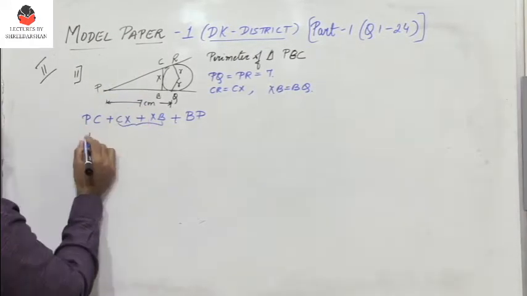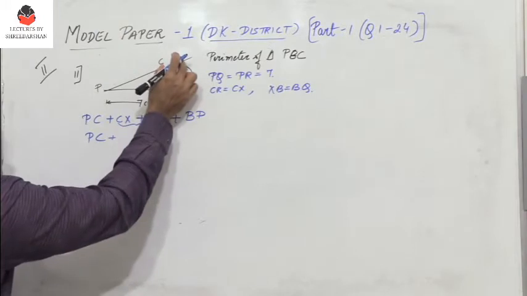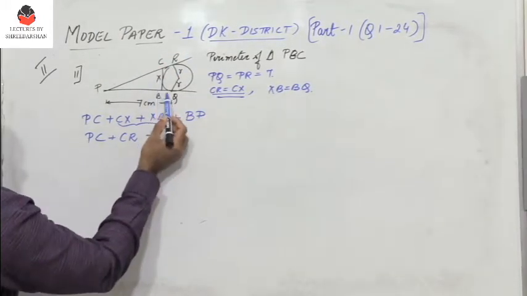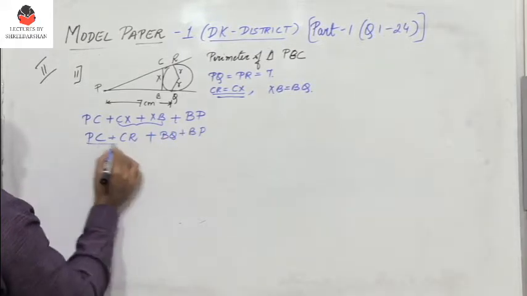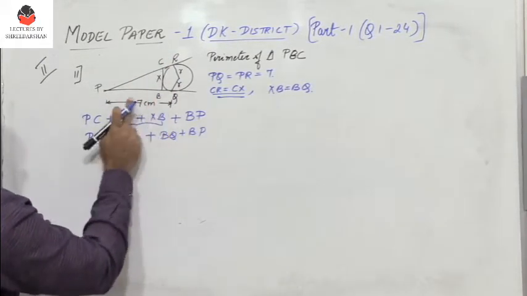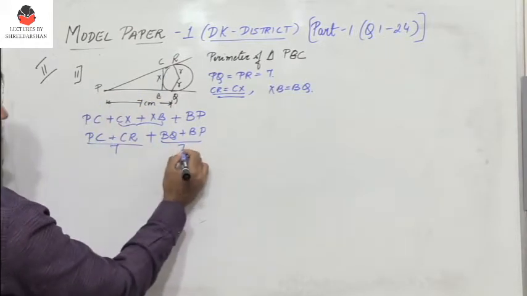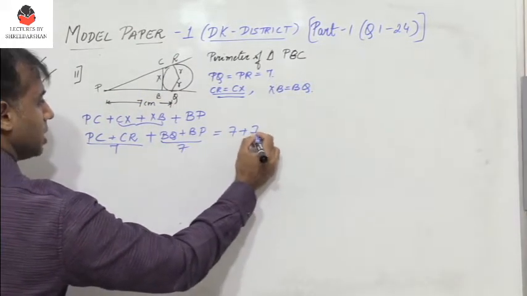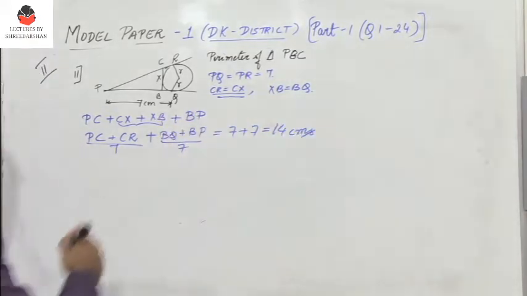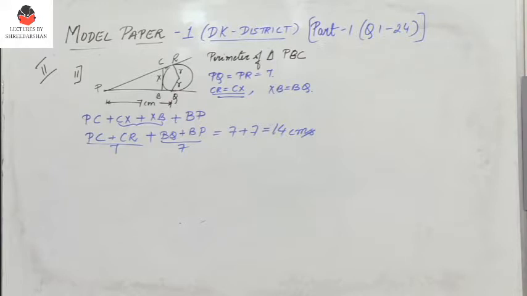So I have PC plus CX can be written as CR, and then XB can be written as BQ. So we know that PC plus CR is 7, BQ plus BP is also equal to 7. So I have 7 plus 7 equals 14 centimeters. So that is the perimeter of the triangle PBC.